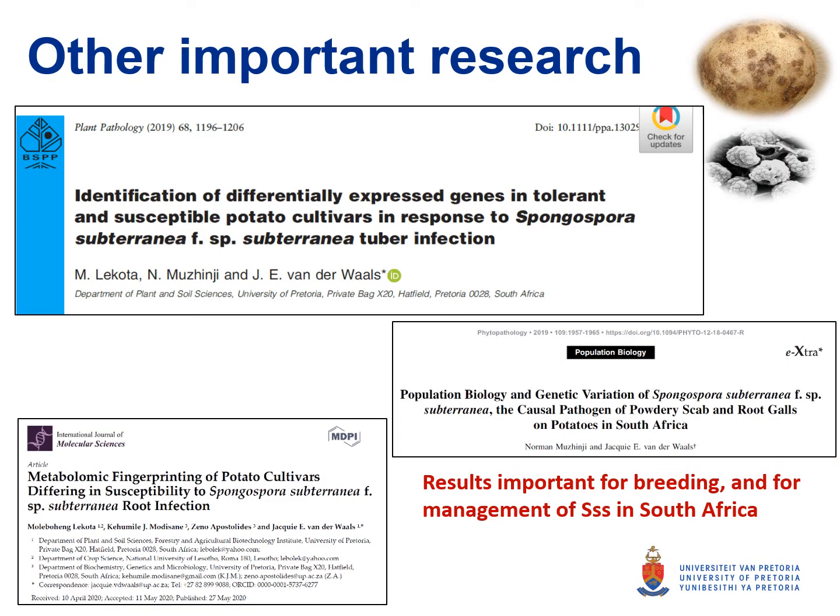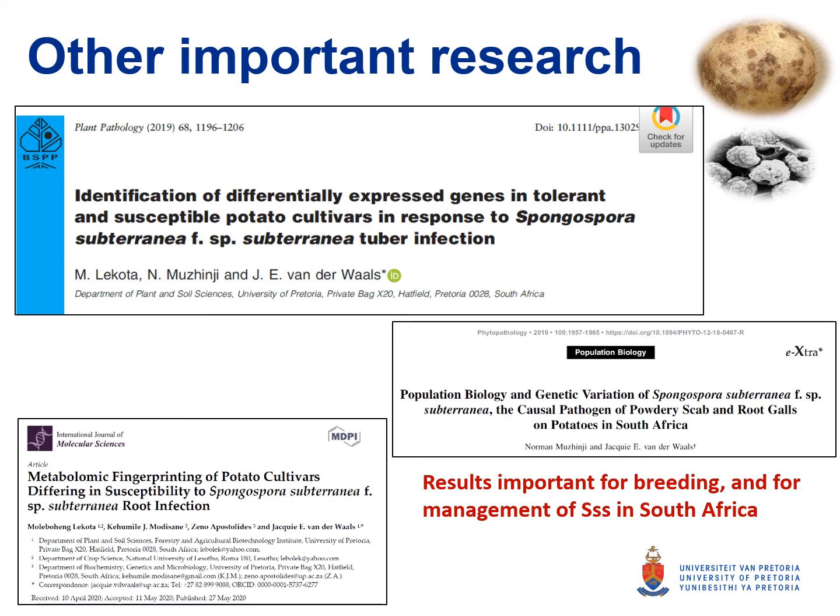So some other important research that has been done on this pathogen in my research group is identification of differentially expressed genes in tolerant and susceptible potato cultivars and linking to that metabolomic fingerprinting of these cultivars, as well as the population biology of the pathogen in South Africa.